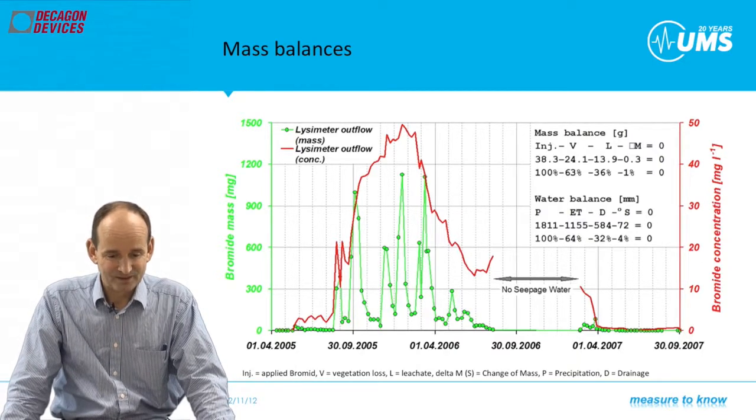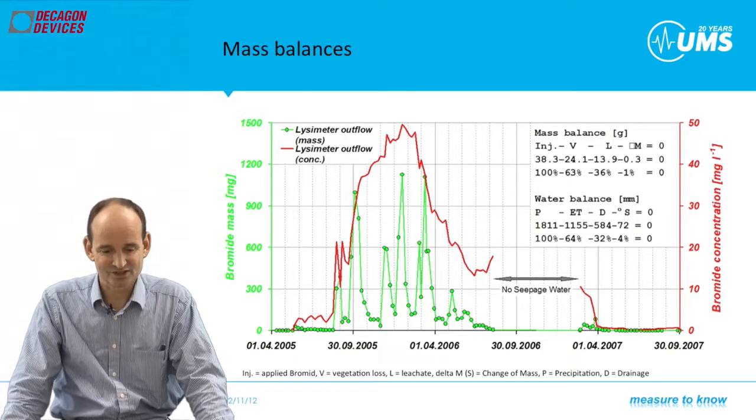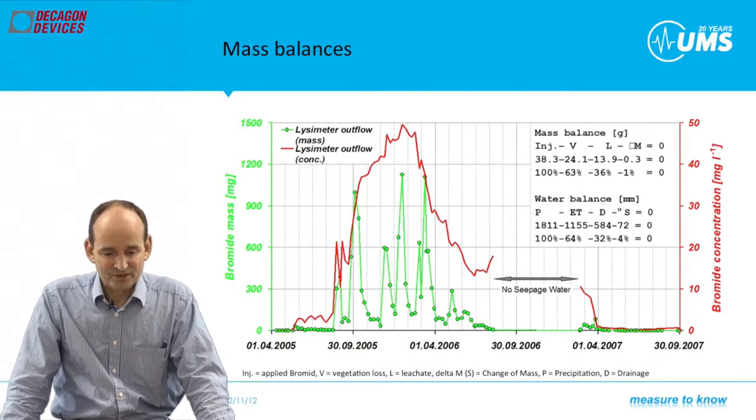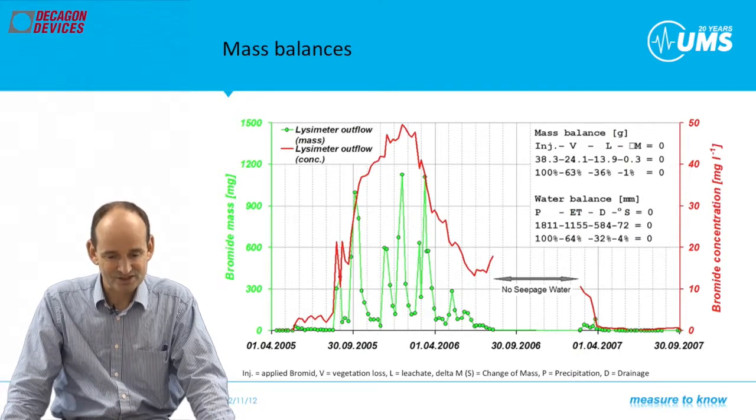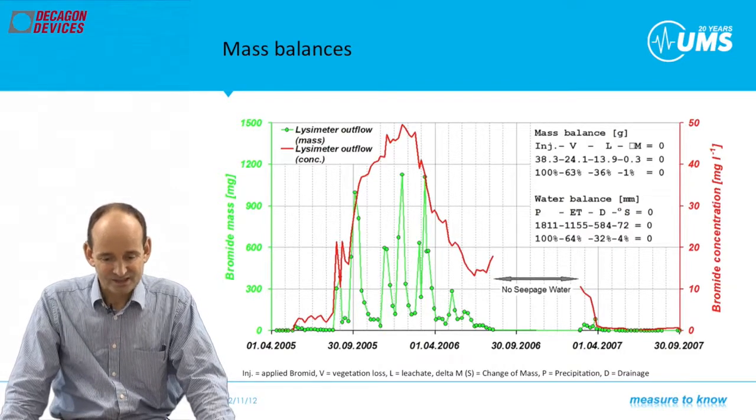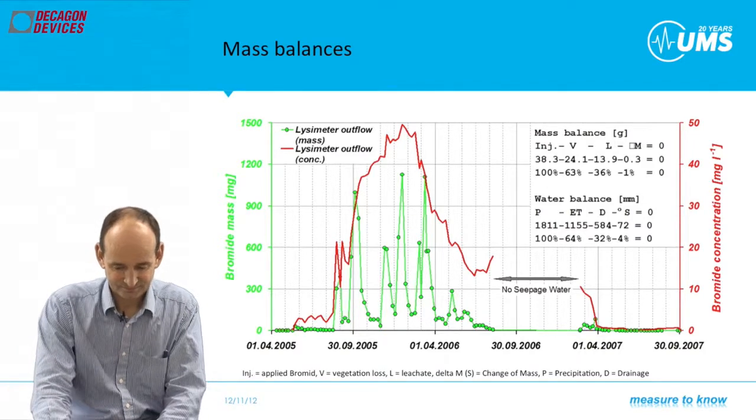Finally speaking, lysimeters deliver high-resolution data on water, water flux, and mass transport with a field precision no other instrument does. Lysimeters work as high-precision rain gauges and evapotranspiration meters, as well as high-precision drainage measurement devices.